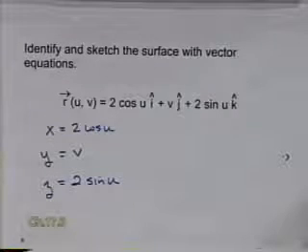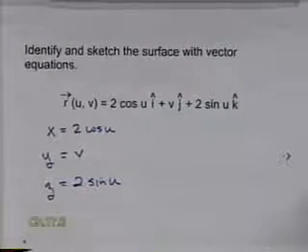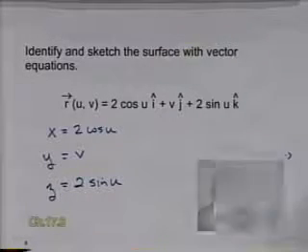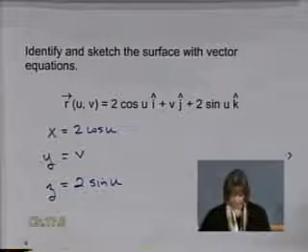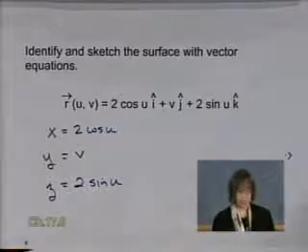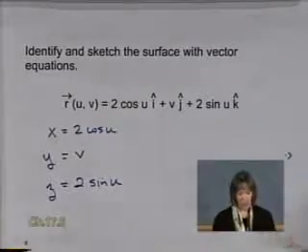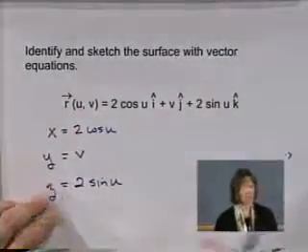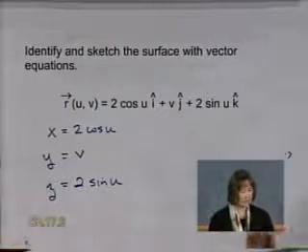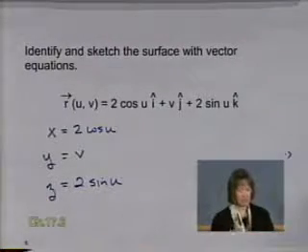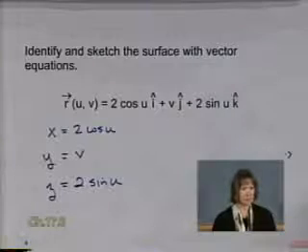Okay. Now, can you guys tell me, look at that. If I have x is 2 cosine u, y is v, and z is 2 sine u, any suggestions on what we can do with that? What do you think? They want me to identify and sketch this surface. Right now, you guys don't have a whole lot. You might have a little bit of intuition by recognizing what the form of a plane looks like parametrically, all right?